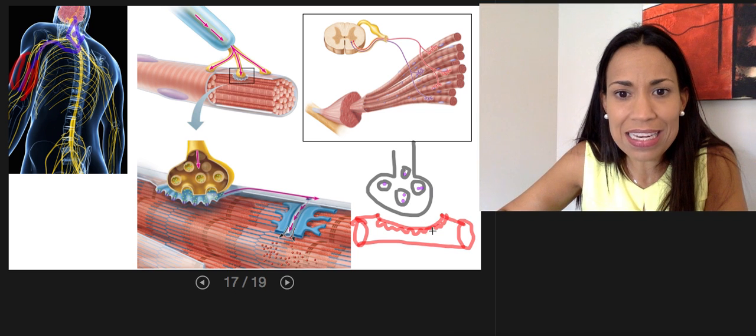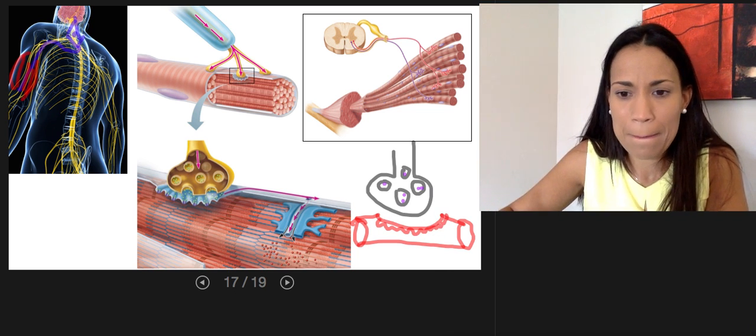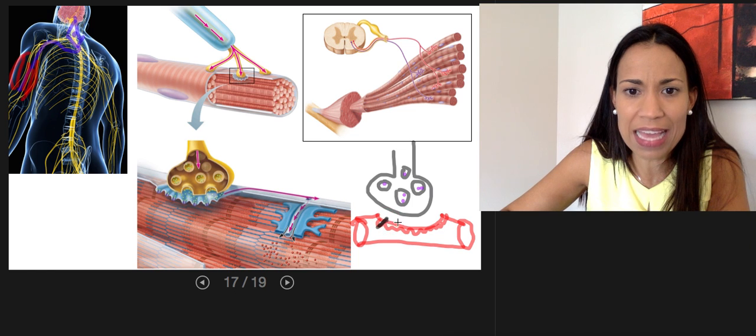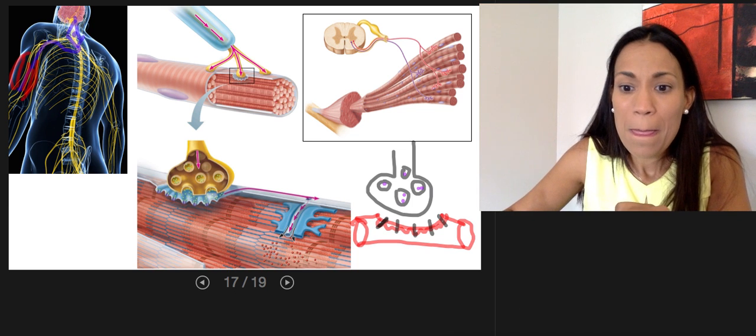The important thing is that the sarcolemma of this muscle fiber changes a little bit, and in here it has some receptors that can specifically interact only with acetylcholine.